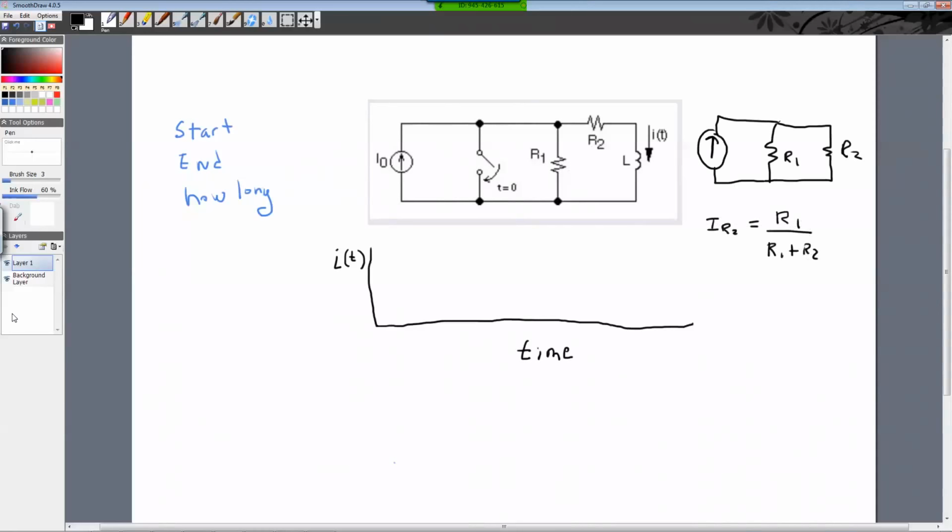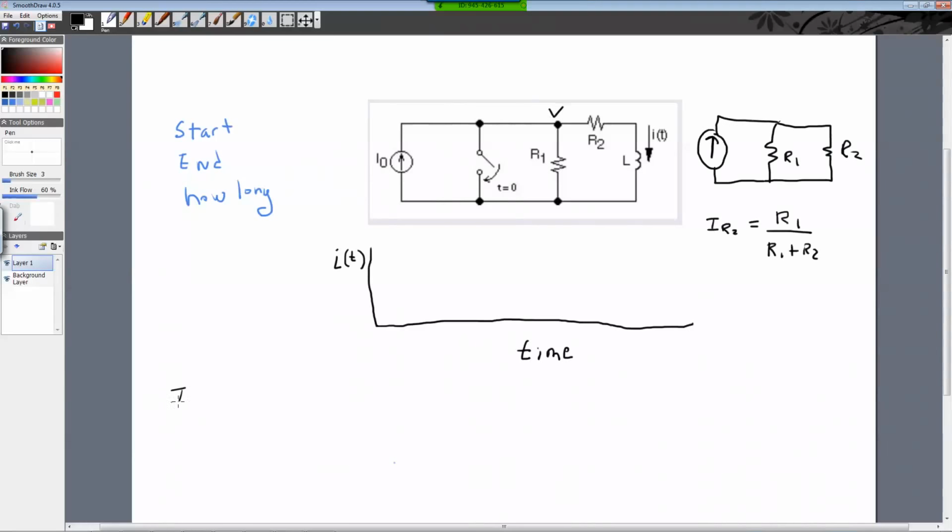Now, if you happen to forget that, we can just call this node V, or we can just do a nodal analysis, right?